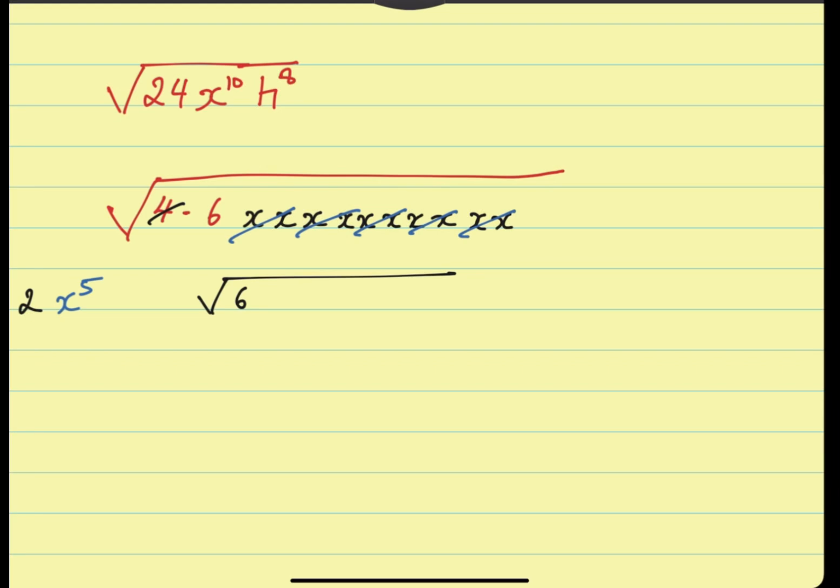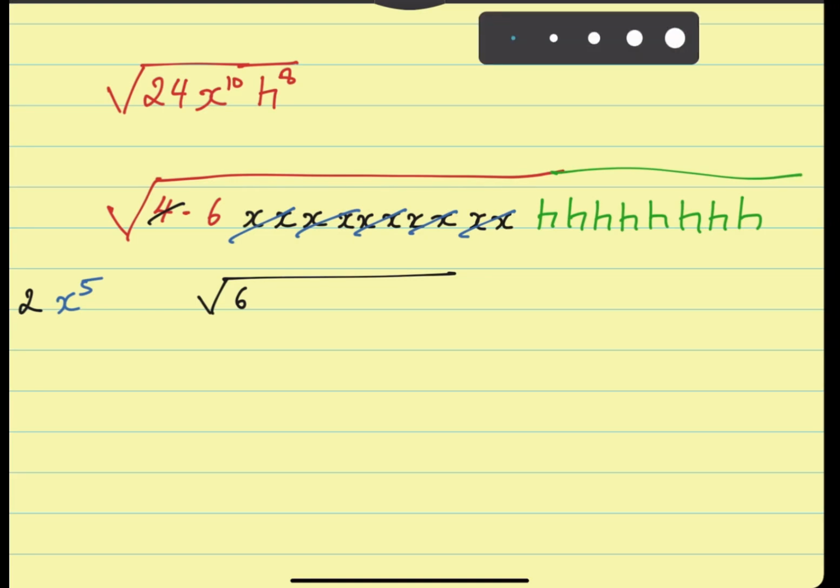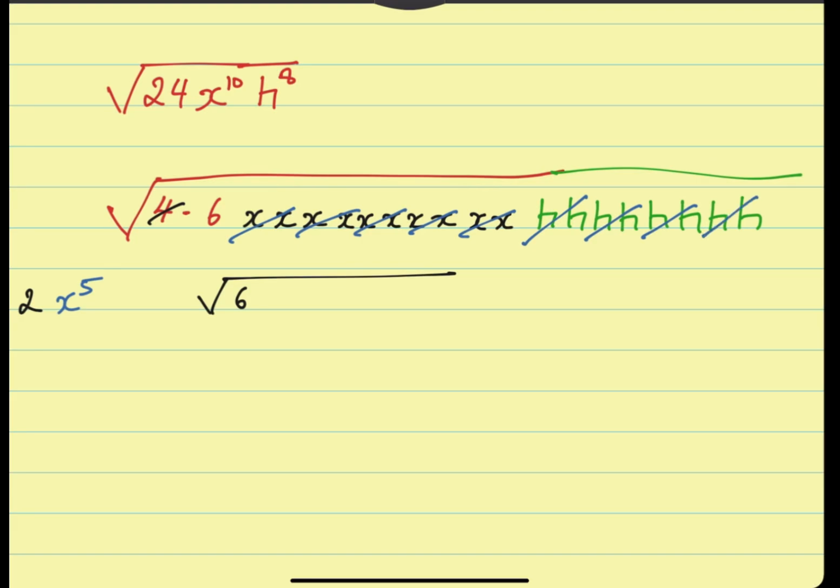Do we have any leftover? No. Now let's take care of h. How many h? 8. 1, 2, 3, 4, 5, 6, 7, 8. We have to put them in groups of what? 2. Square root means put them in groups of 2. 1, 2, 3, 4.